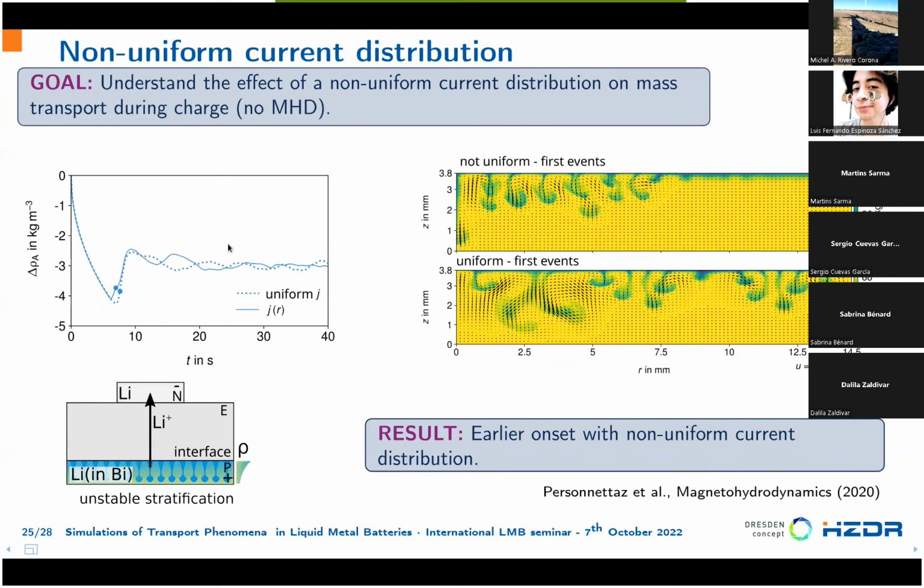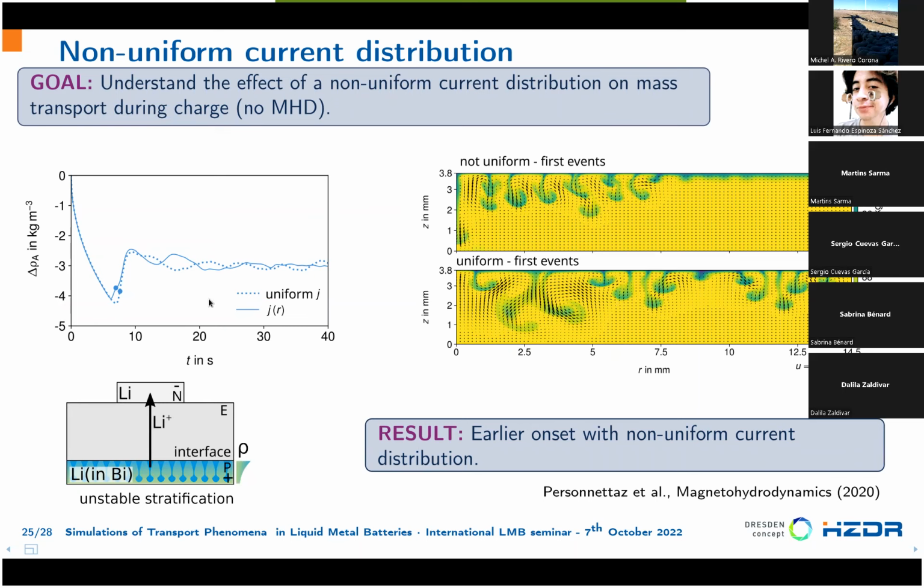And what is taking place during charge is slightly different. During charge, we have solutal convection, and solutal convection starts earlier in the center of the electrode, because there we remove lithium more efficiently. So we have some difference at the beginning.